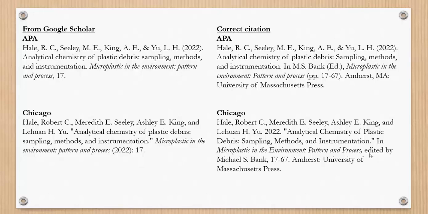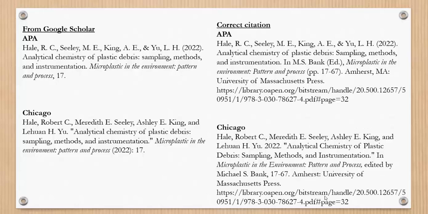And then they write out the words "edited by" and include the editor. Then they include the page numbers, the place of publication, and the publisher. Finally, for both citation styles, I must add the URL where I found the book since I found it online. And now I have a correct citation.